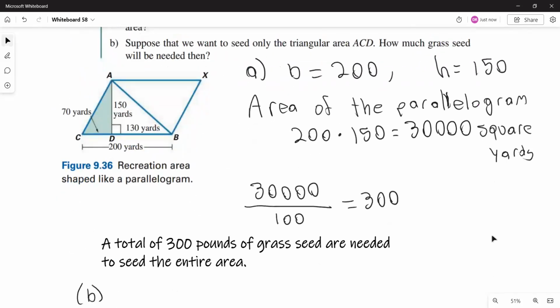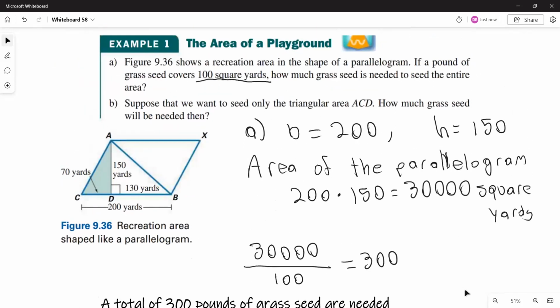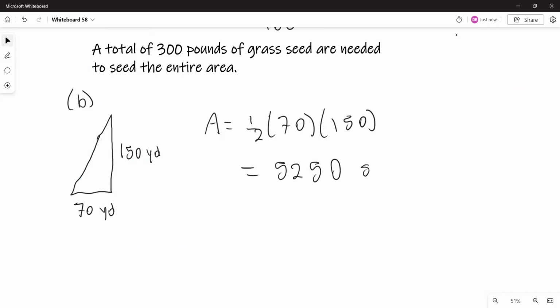We are going to find the area of a triangle, and we're going to divide it by 100 to find the number of pounds of grass seed. The area of this triangle is 1/2 times 70 times 150. So that is equal to 5,250 square yards.